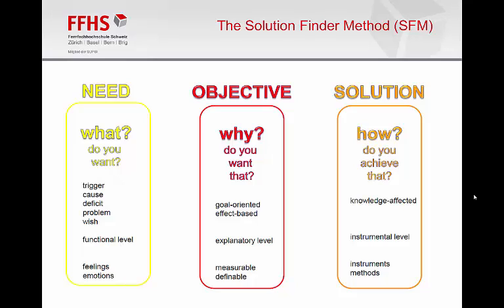They are related to feelings and emotions and are on a functional level. An objective is always a measurable and definable value. It's on explanatory level and it is goal-oriented. And the solution often is at instrumental level, is an instrument or a method which will help you to fulfill the needs and the objectives.